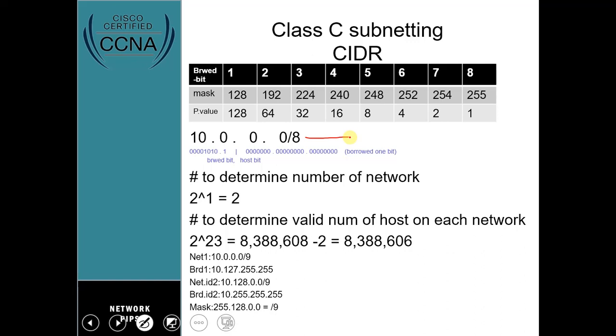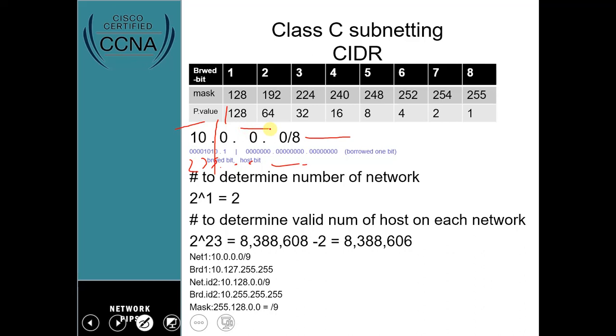First of all, what am I going to do? I'm going to determine the host bits, the host ID and the network ID. How am I going to do that? By looking at my subnet mask. My subnet mask is 255.0.0.0. So my subnet mask stops here on the first octet. So this is my network ID and this is my host ID.